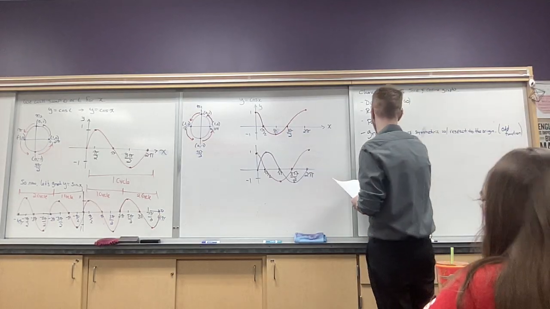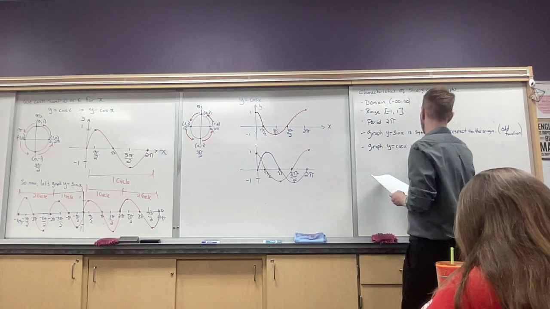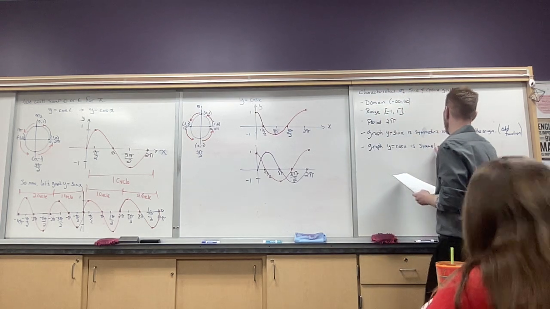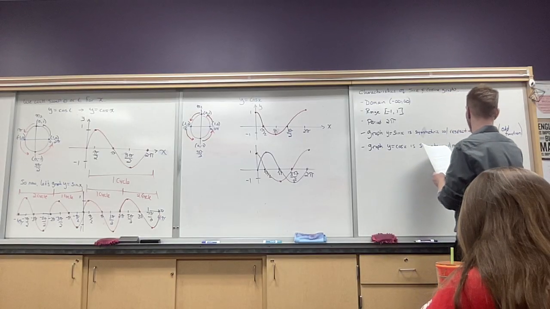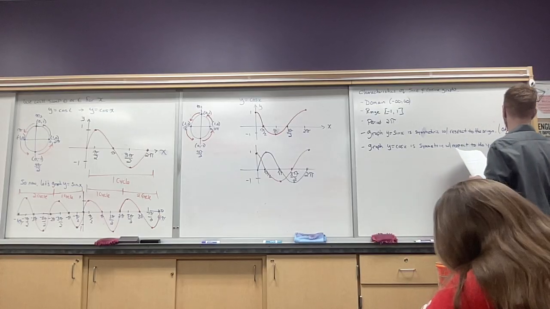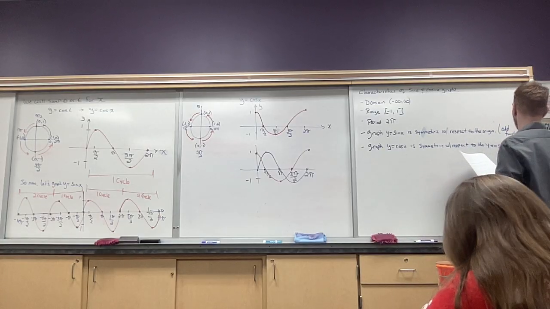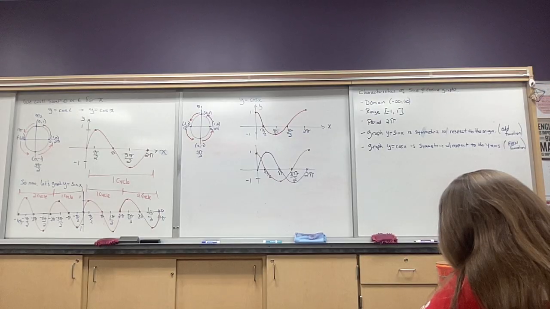And then the graph of cosine is symmetric with respect to the y-axis, which is because it's an even function.